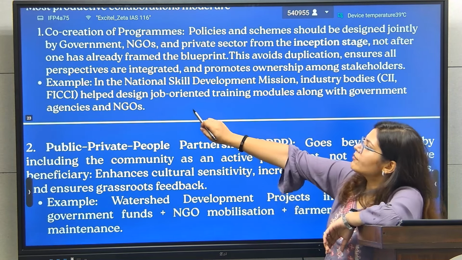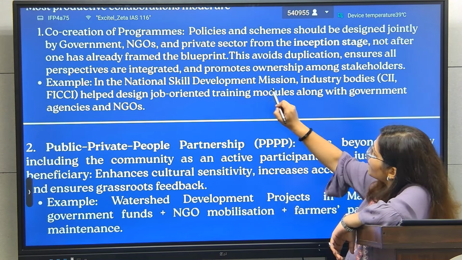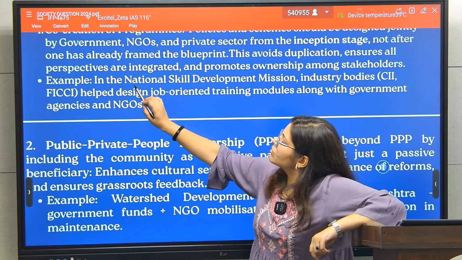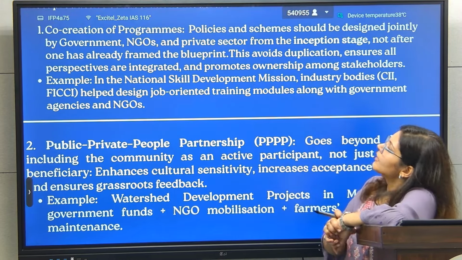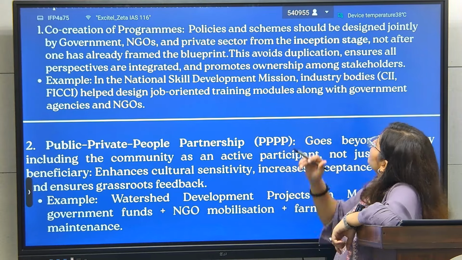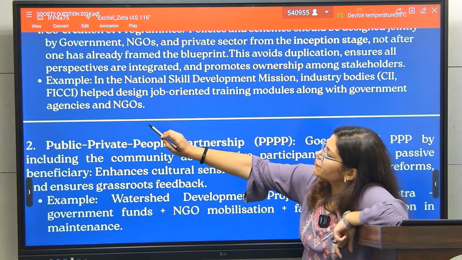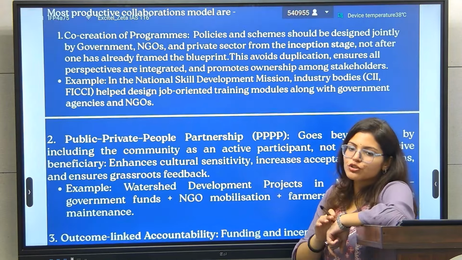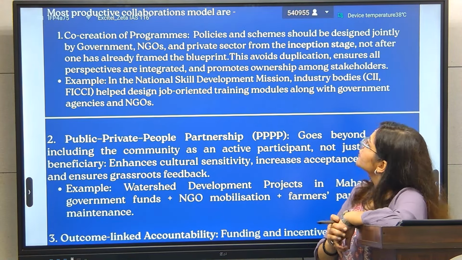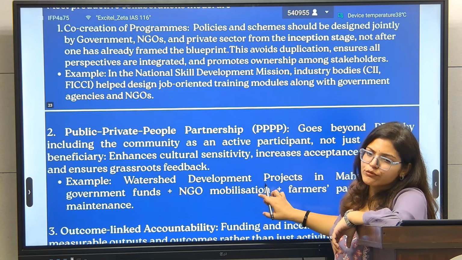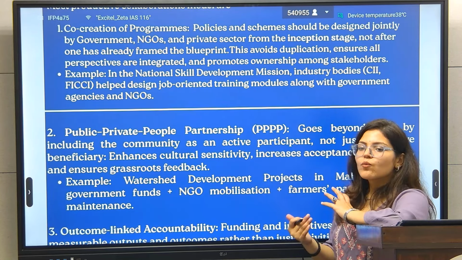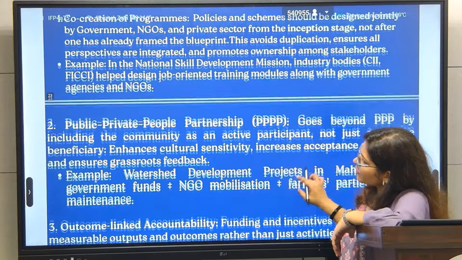So here you can give the example of the National Skill Development Mission. While introducing this mission, CII and FICCI were there to help in the formation of the National Skill Development Mission. So in this way, you have to consult NGOs, you have to consult the private sector while making the policy.